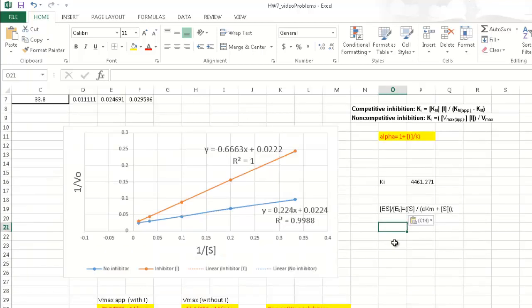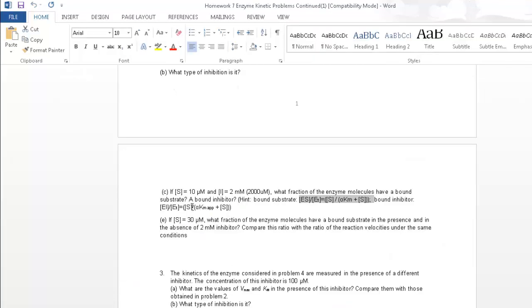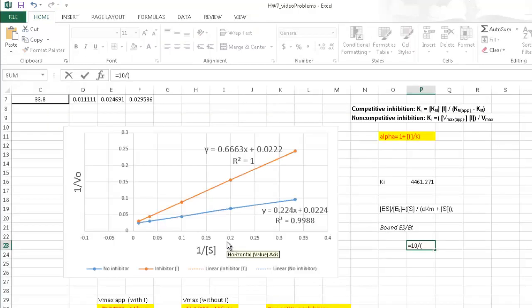So now we are interested in the bound enzyme substrate complex relative to total enzyme, and that is going to equal your substrate concentration. Your substrate concentration is going to be 10 micromolar. Your alpha, well, we haven't determined alpha yet, so we have to get alpha here.